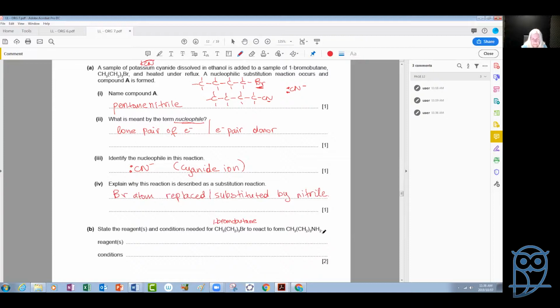What is this? Butylamine. Because we have 3 plus 1 carbons here, so it's from butane. So the name of this thing is butylamine.